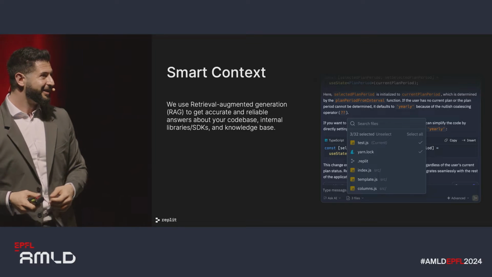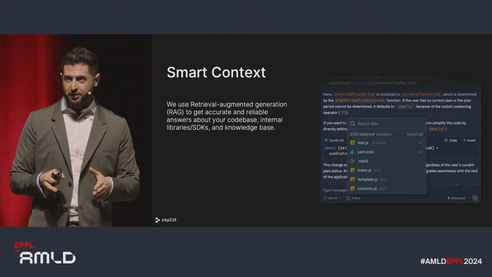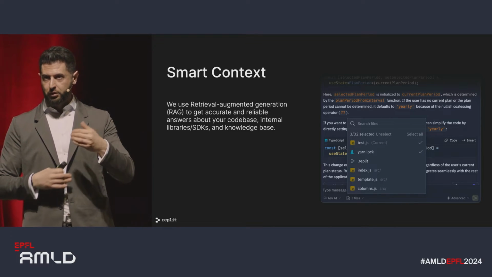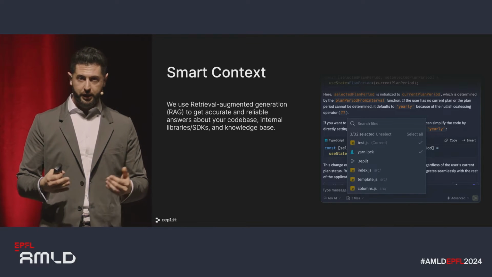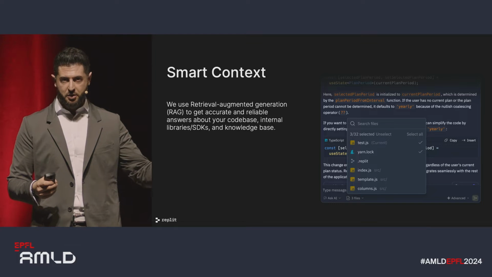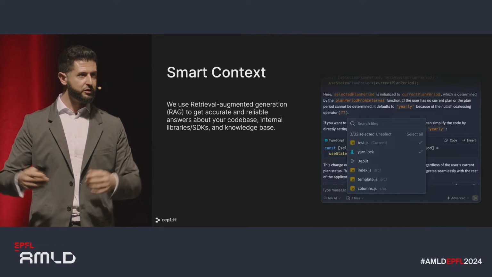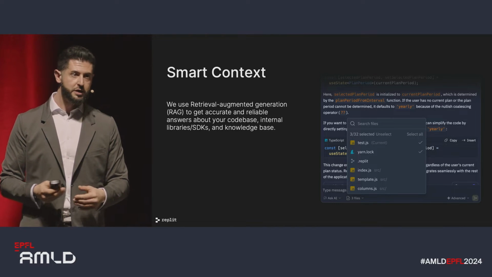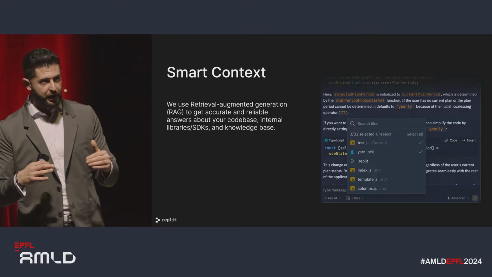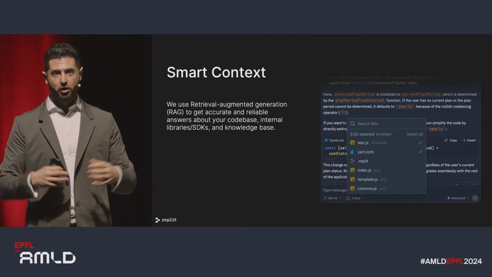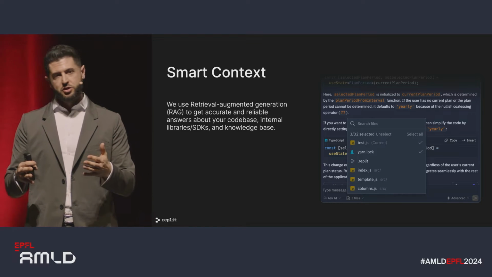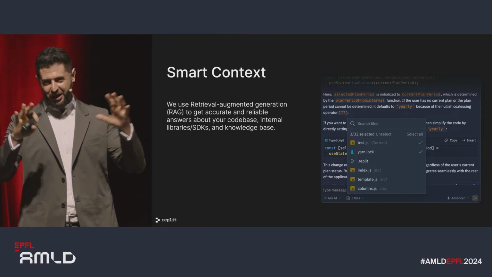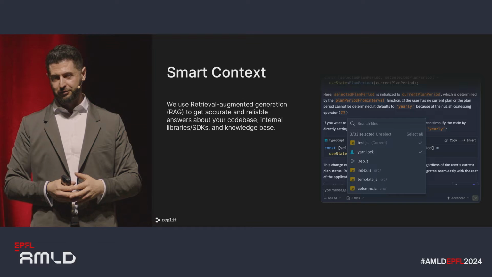Speaking of, sometimes you don't just need the code that is in your editor to generate or to transform. You also want to bring in relevant code, say dependencies, libraries, sometimes even external documentation. So under the hood, Replit AI is building what we call a smart context by means of retrieval augmented generation, of course, but also by means of the fact that we have a full overview of the platform where we're running.